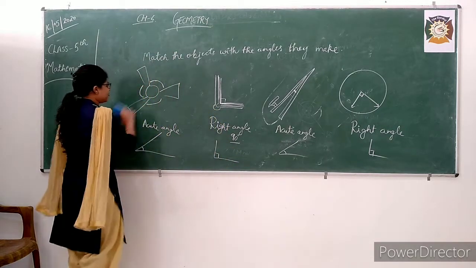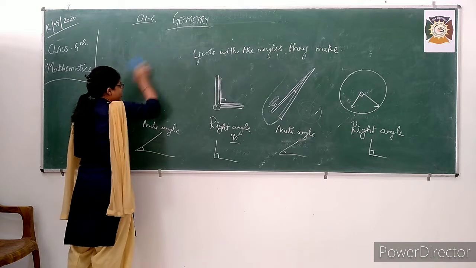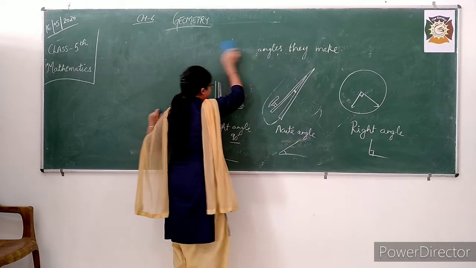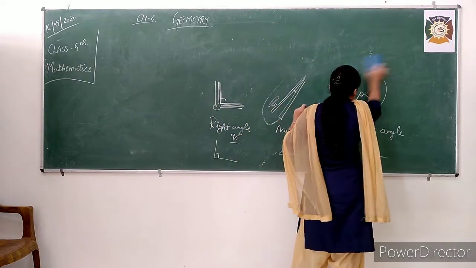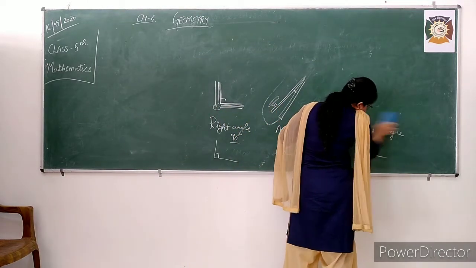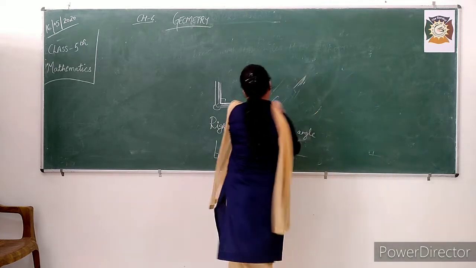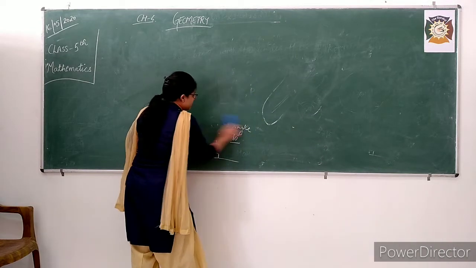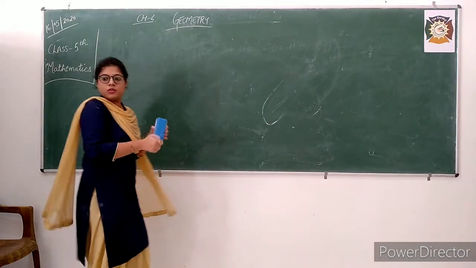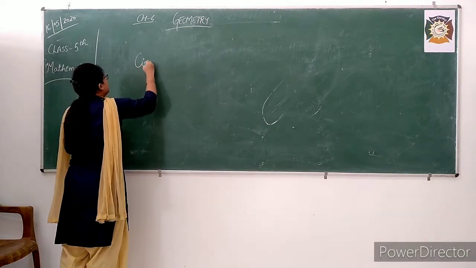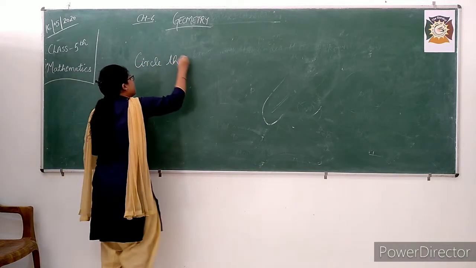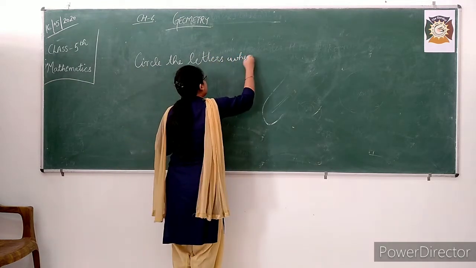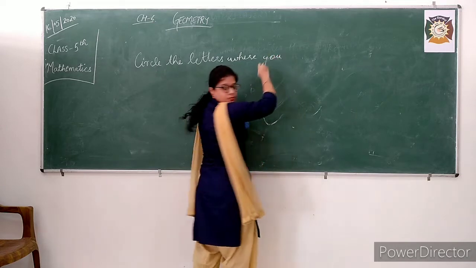You are given some letters of the English alphabet, and you have to see whether the letters are making a right angle or not, and you will encircle those letters which are making a right angle.